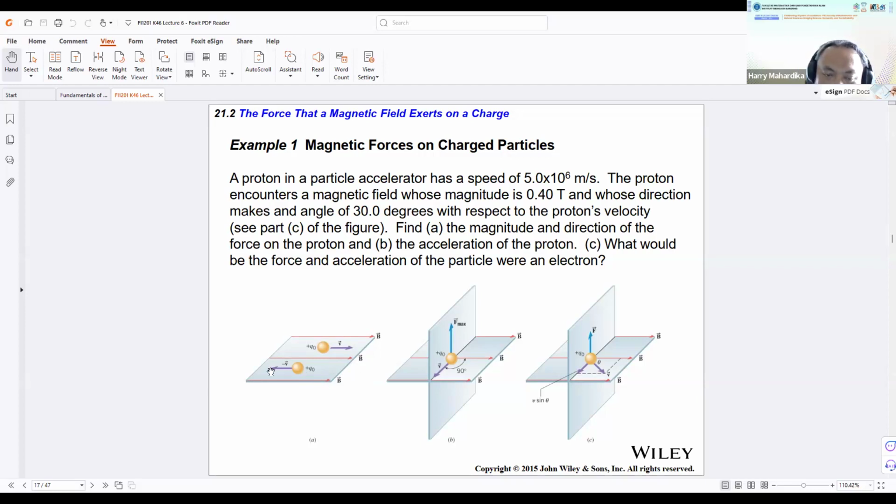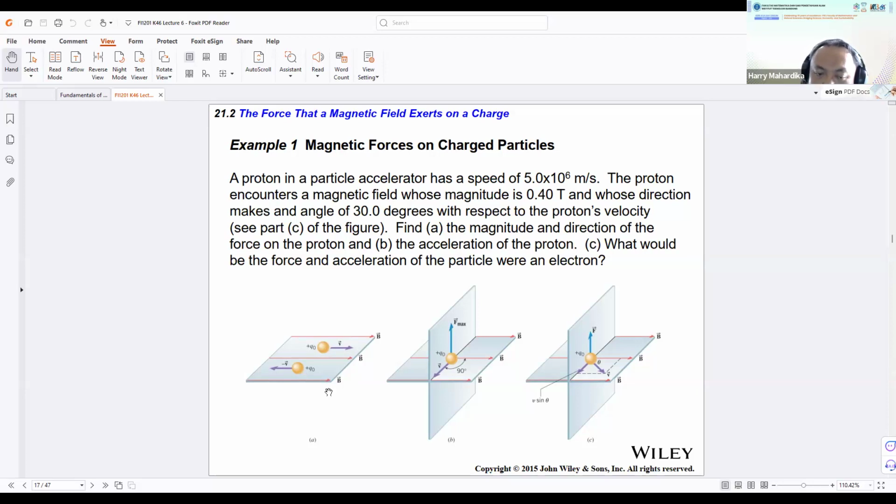So even though this one is moving to the left, and the external field itself is directed toward the right, the interaction of V with the external B here still produces 0 magnetic force, because V and B are still on the same plane.